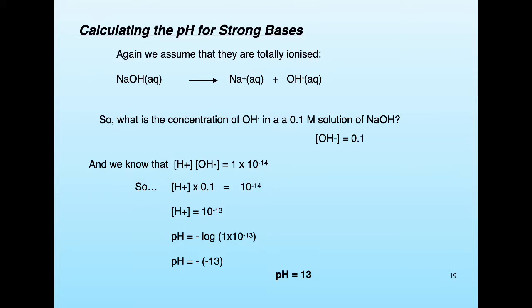And they're like a mirror image of each other around a pH of 7. So the pH of 1 molar hydrochloric acid is 0, work it out, and the pH of 1 molar sodium hydroxide must be 14. Again, you can work it out.